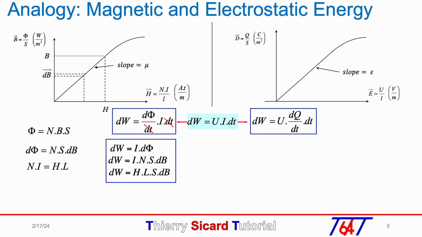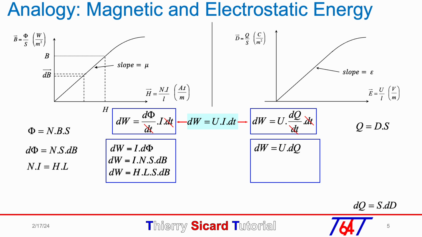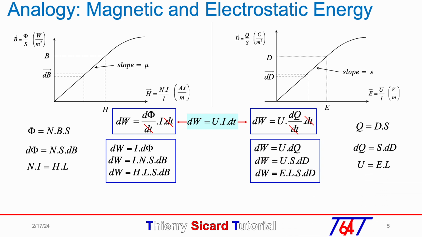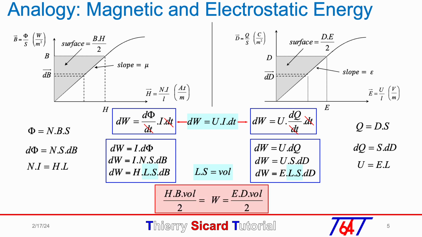On the electrostatic side, we replace I by dq over dt, as q equal DS and dq equal S dD. dW becomes E LS dD. The LS term equal volume, so the integral of H dB or E dD is HB over 2 or ED over 2, represented by the gray area.